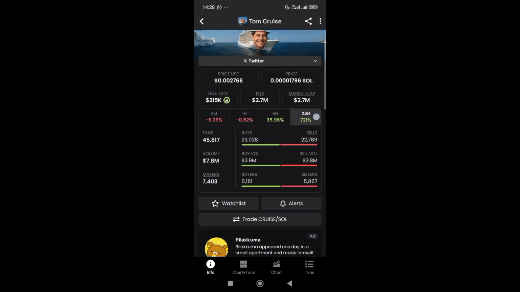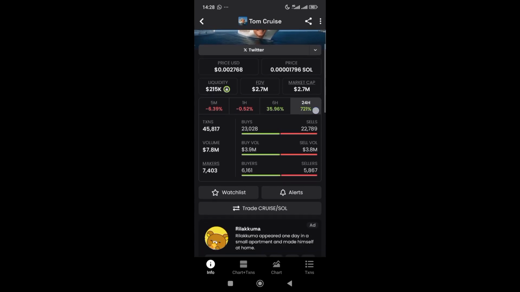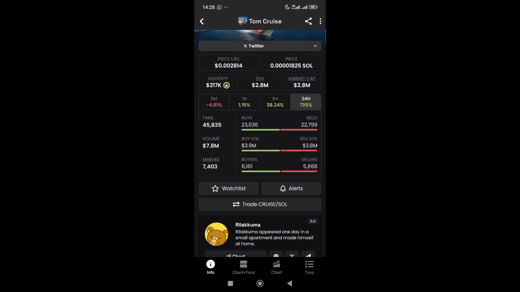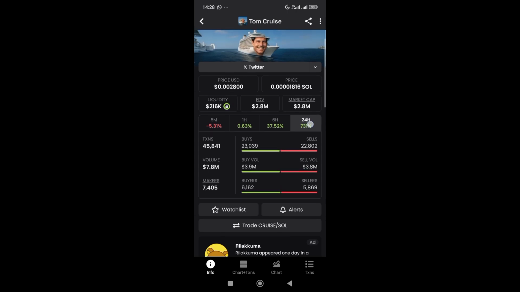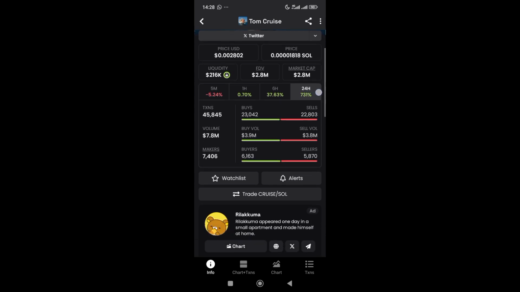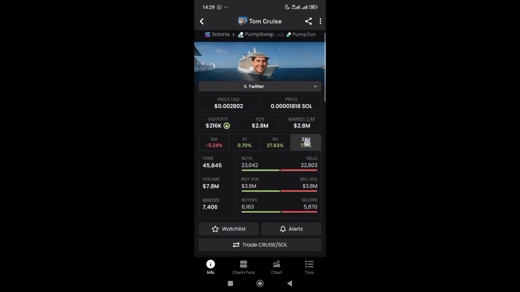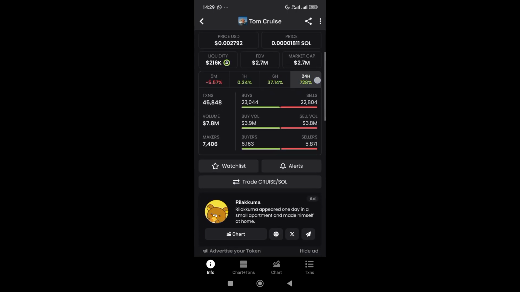That means with $100 invested in this coin in the last 24 hours, you would be making almost $700,000, with a market cap of 2.8 million. Look at it over here. I hope you can see my cursor. With a lot of engagement, you can make massive gains, massive profit. So anything you are coming here to do, just use what you can afford to risk or to lose.